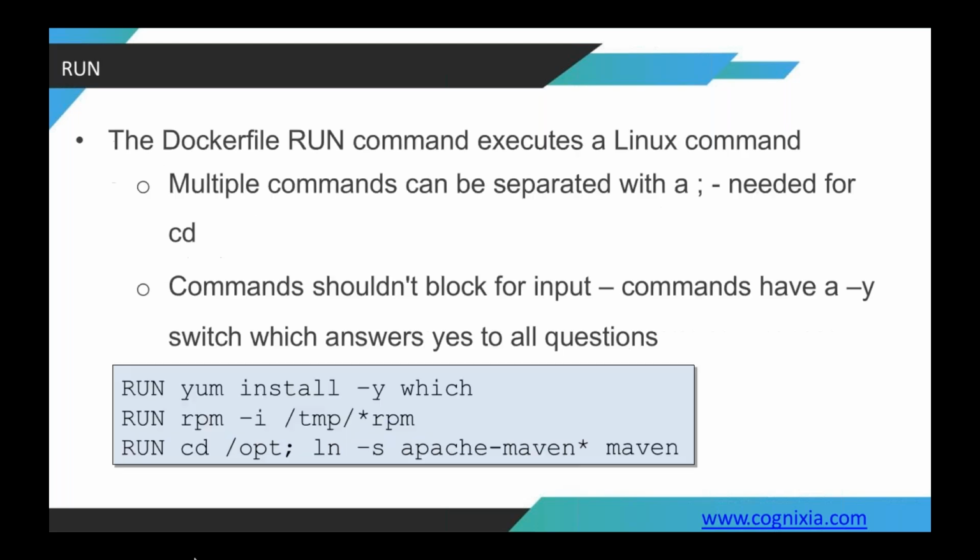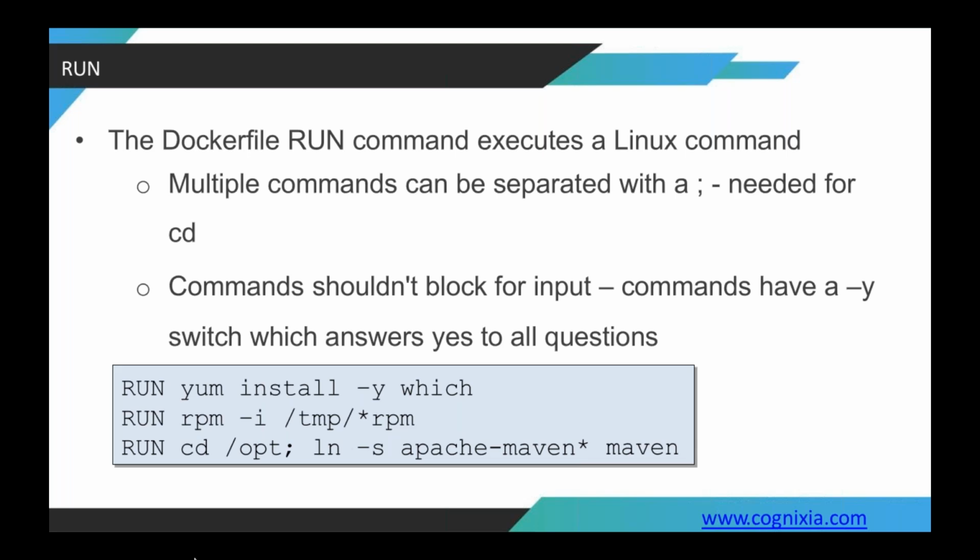Then comes your run command. Whenever you are running any command on the Linux terminal, if you want to run the same command inside Docker while creating the Docker image, you can specify the run keyword for that.